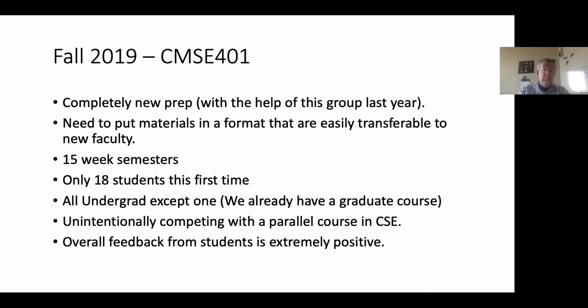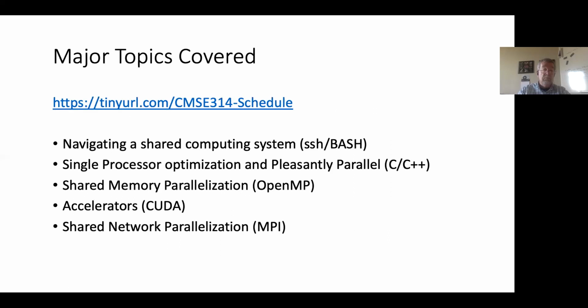We did have one graduate student. We actually had another parallel course that started in computer science that was a completely unintentional conflict. They had a lot more students because they have a more established program, but it was really meant for computer science, so it was heavy in theory and a slightly different focus. But our feedback was pretty positive.